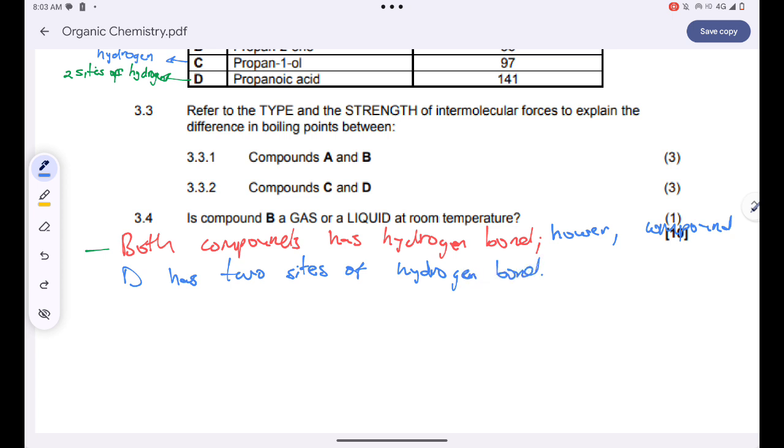Any carboxylic acid. Are you together? Okay.